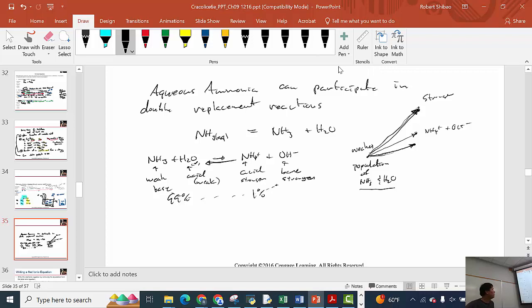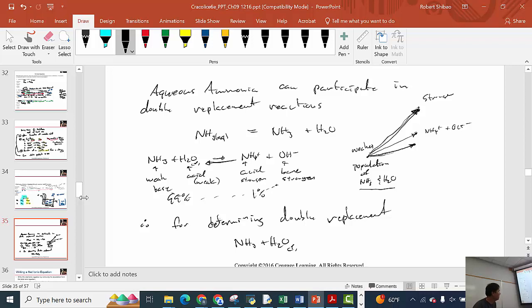And so for aqueous ammonia, therefore, for determining double replacement, what we do is we treat ammonia and water as if it were ammonium hydroxide. I'll just put ammonium hydroxide here.